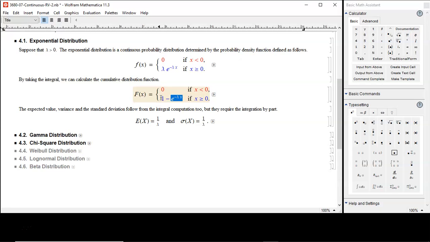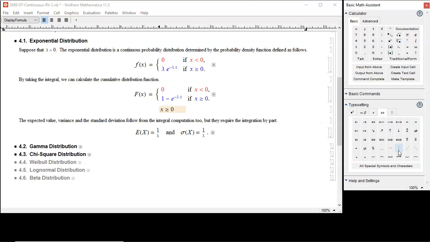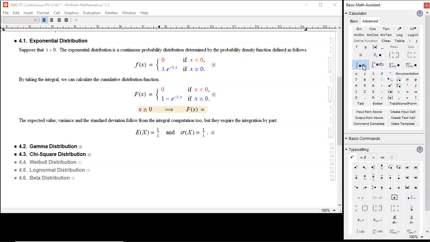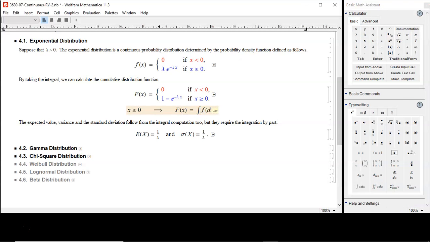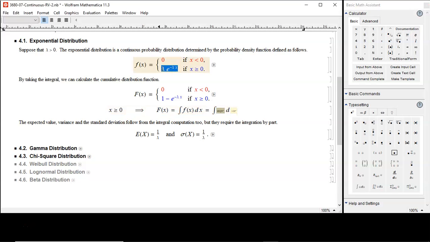But then again, what if you don't know this? In that case, you'll have to find it through an antiderivative computation. You can do it like this. When x is greater than 0, capital F of x is an antiderivative of lambda e to the negative lambda x.